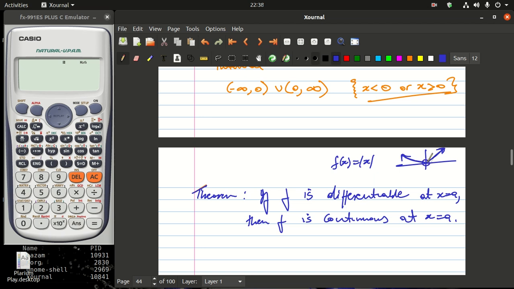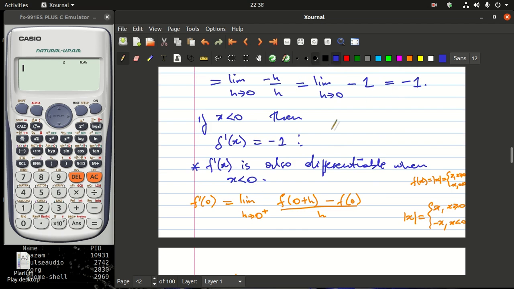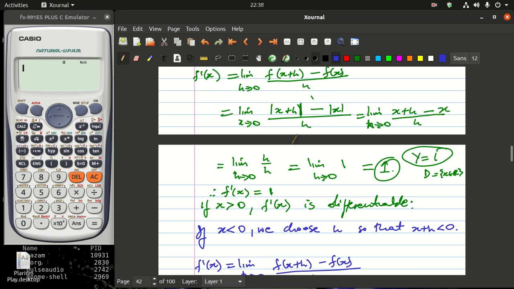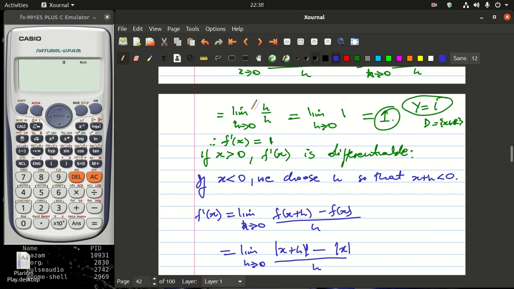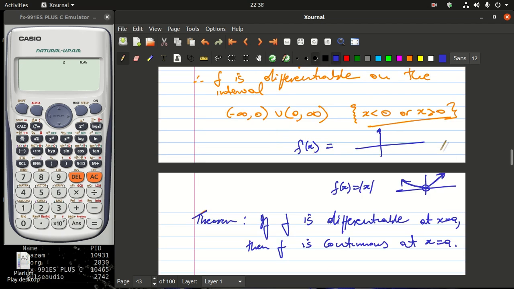But at this point, it is actually not differentiable because f prime of x ended up giving us something weird. When x is bigger than 0, the derivative was always equal to 1, so f prime of x was going this way.